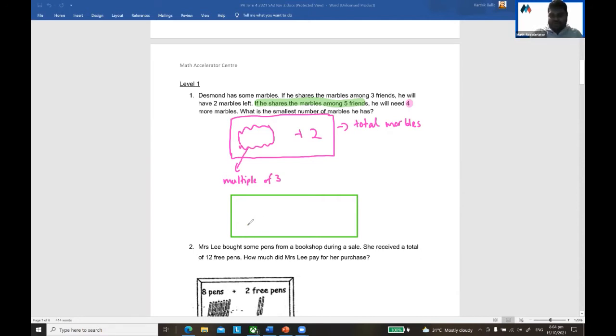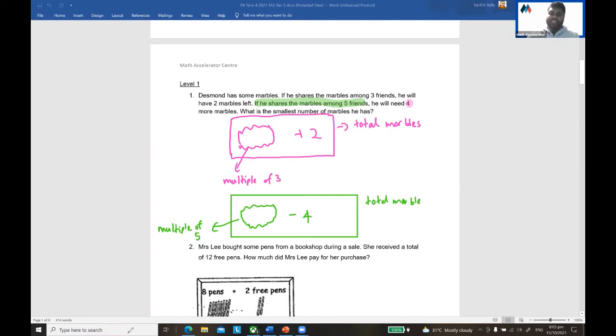If he has to share among his 5 friends, then he will need 4 more marbles, which means this value here, minus 4, will give you the total marbles as well. Don't you think this number here has to be a multiple of 5?